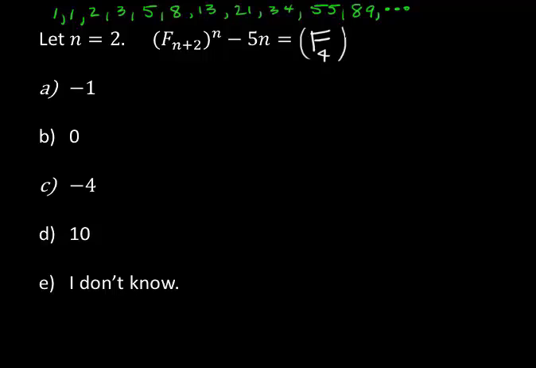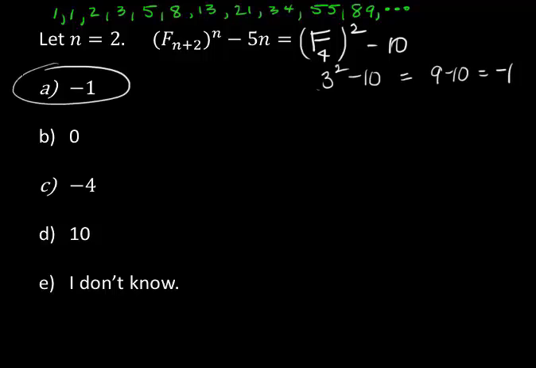We're going to be raising it to the power n, but n is 2, so we're going to be squaring it, minus 5 times 2 is 10. So you just plug in n, and now we'll carry through. Our parentheses tell us to square the 4th Fibonacci, which is 3. So that is 3 squared minus 10, or 9 minus 10 is, of course, negative 1. So our answer is part A.